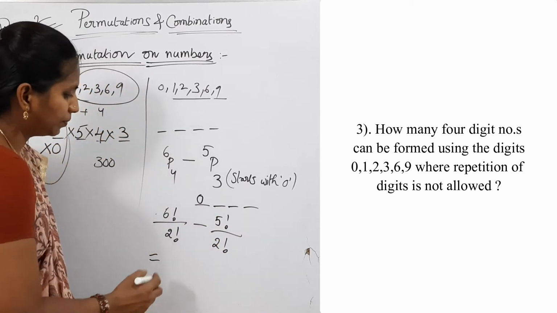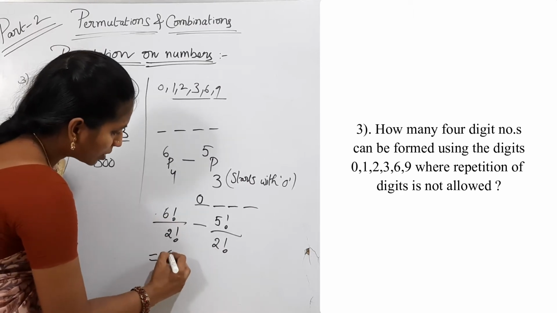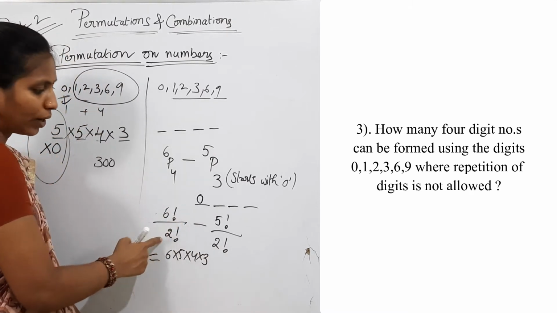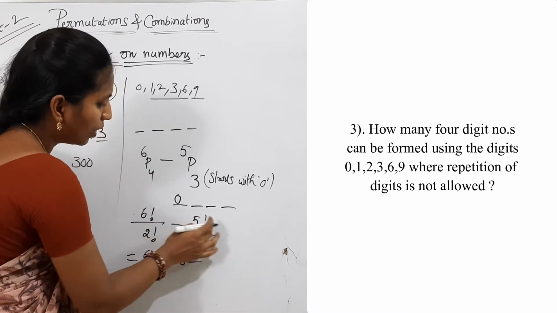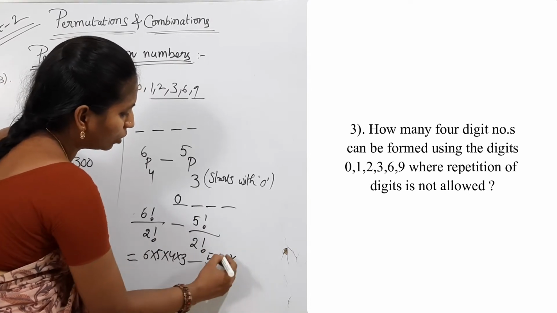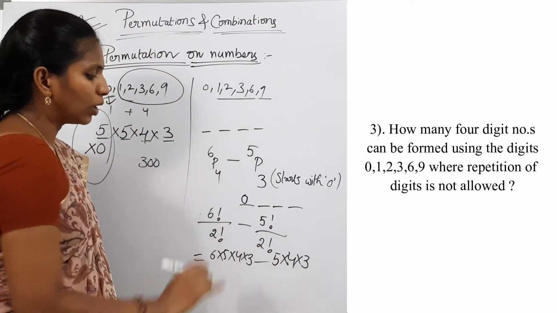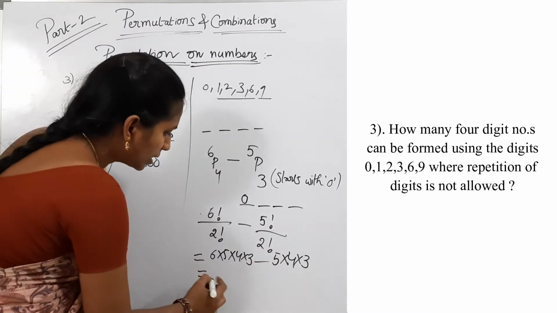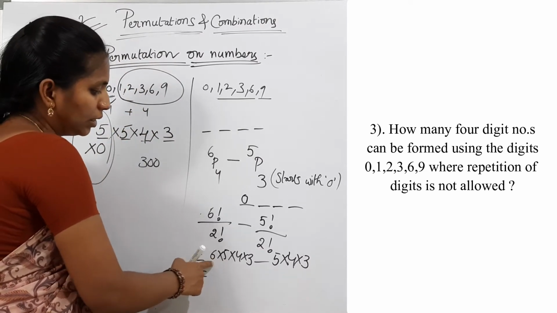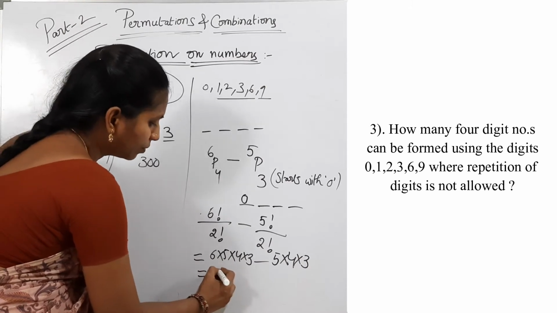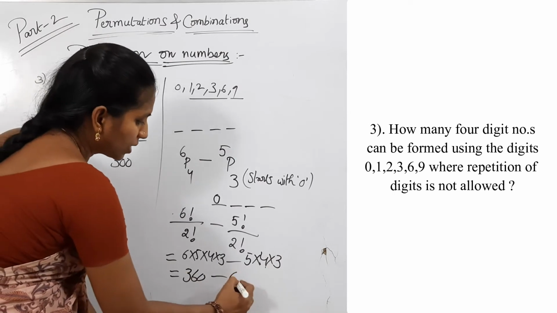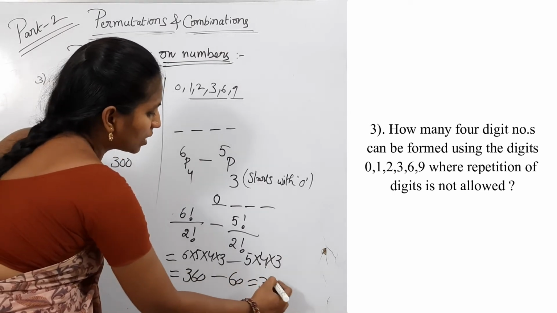Calculate 6 factorial: 6 into 5 into 4 into 3 into 2 factorial, and the 2 factorial gets cancelled, minus 5 factorial by 2 factorial, which is 5 into 4 into 3, where 2 factorial also gets cancelled. 6 into 5 is 30, 30 into 12 is 360, minus 5 into 4 into 3, which is 60. 360 minus 60 means 300.